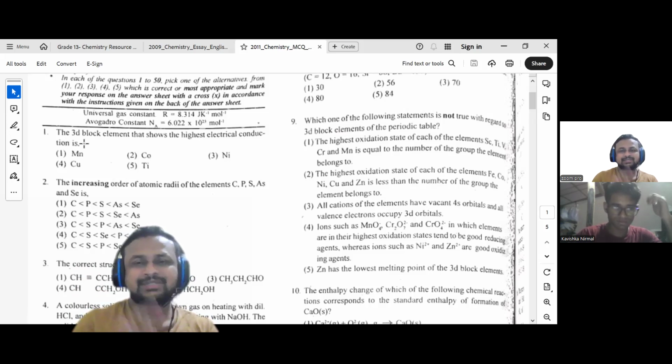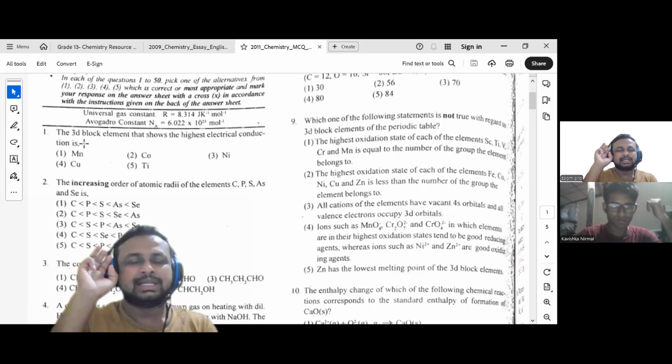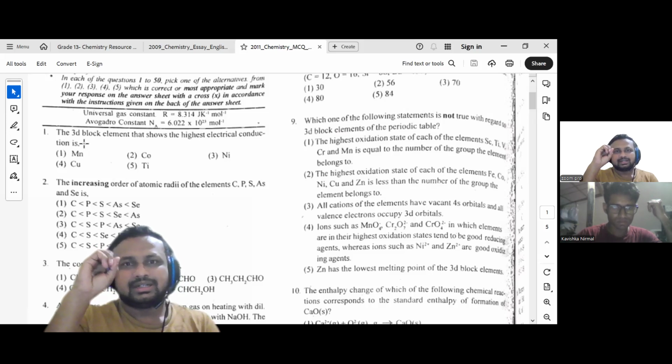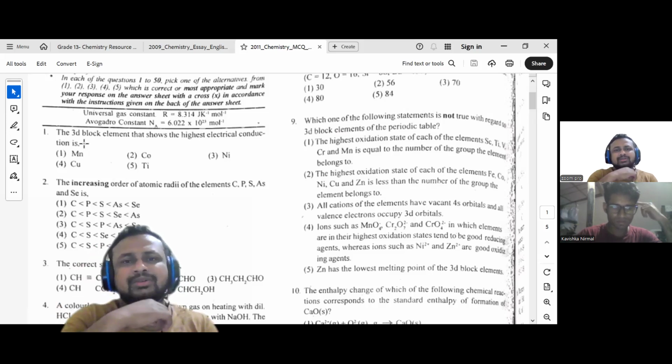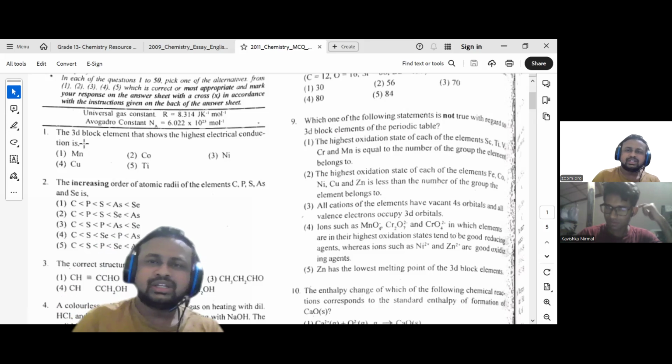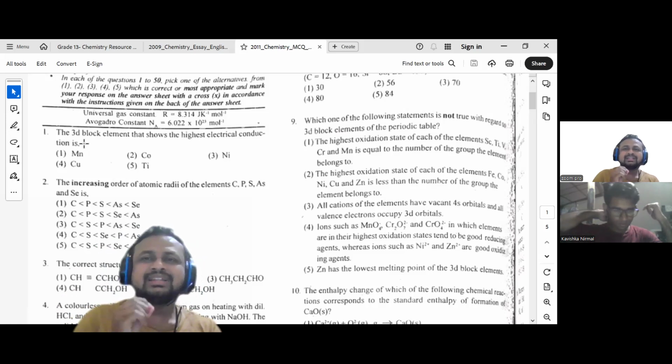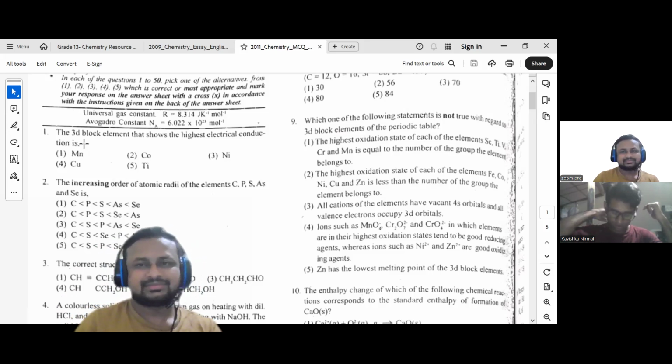First point, metals can release their outermost shell electrons into the metallic lattice.